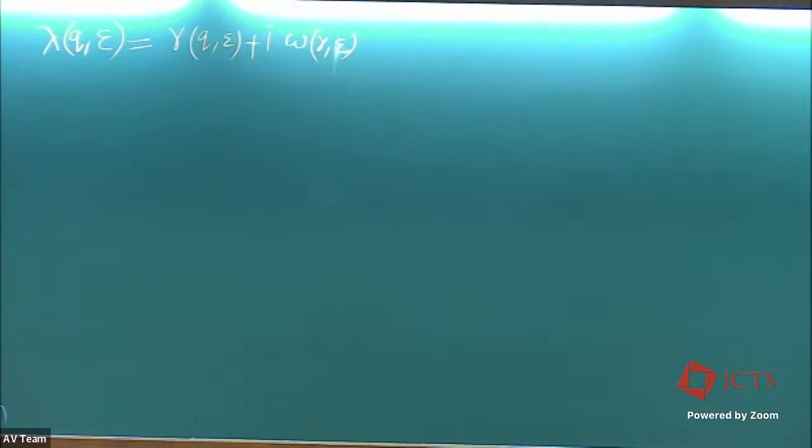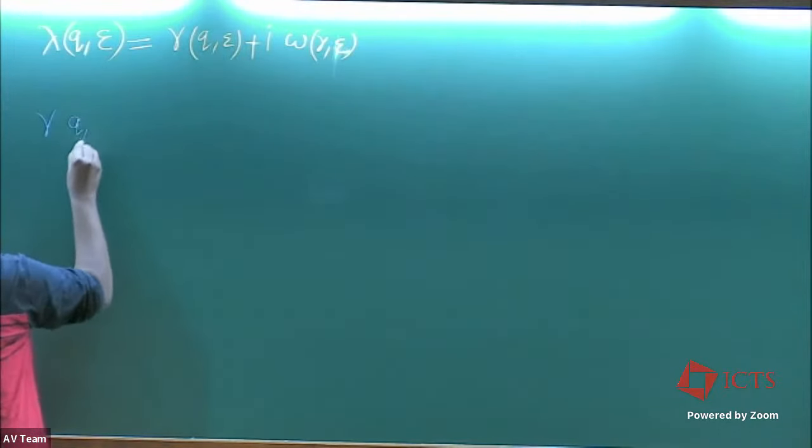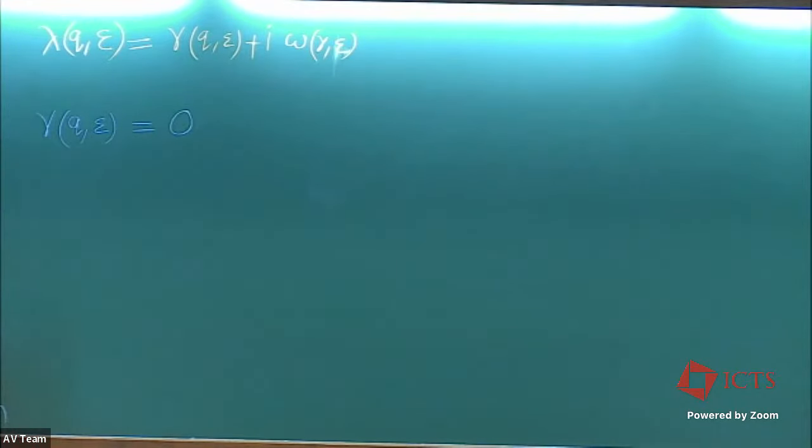So if you want to find out where a bifurcation happens, where the homogeneous state loses its stability, you basically want to look at the curve where gamma of q, epsilon equals 0. Does that make sense? Yes.